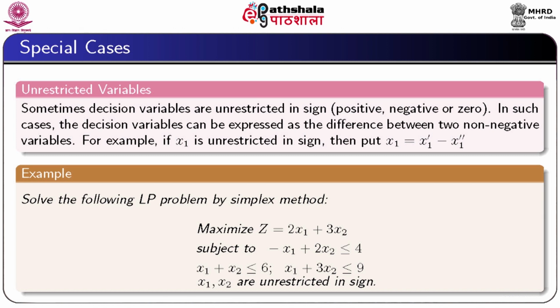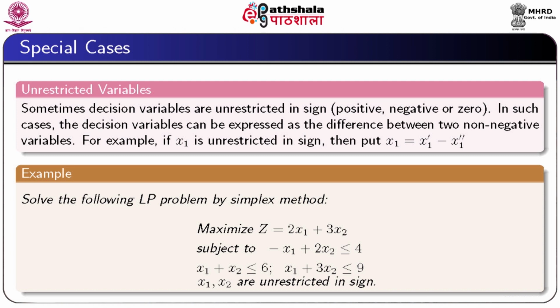For example, if x1 is unrestricted in sign, then we can write x1 as x1 dashed minus x1 double dashed, where x1 dashed and x1 double dashed are non-negative variables.